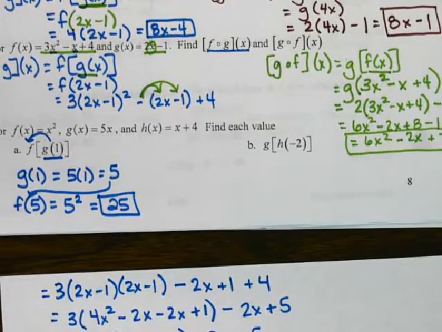Okay, you try letter B. You're going to plug -2 into the h function. Whatever number you get from that, plug that into your g function.